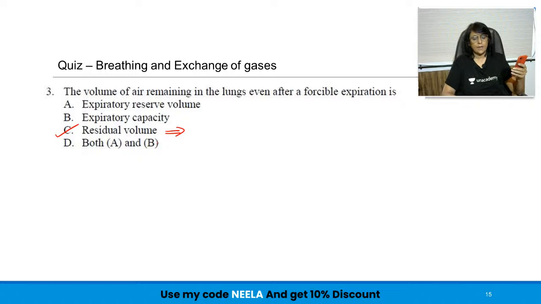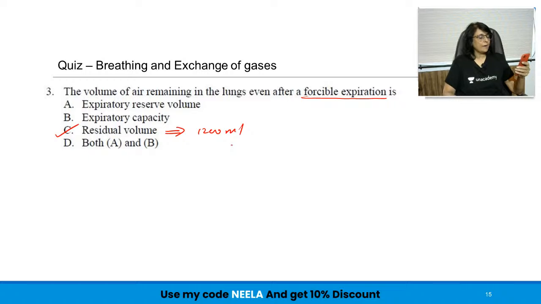Anju is saying A. No, no, no. Even after forceful expiration, what remains is the residual volume; the expiratory reserve volume has gone out when you forcefully exhale. Residual is 1000 to 1200. Average is taken as 1200 milliliters. Okay?